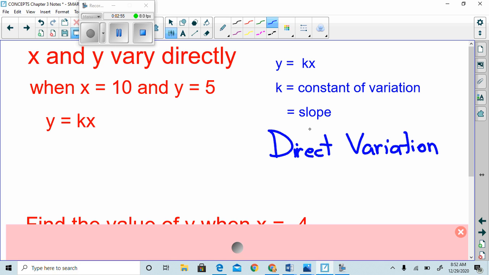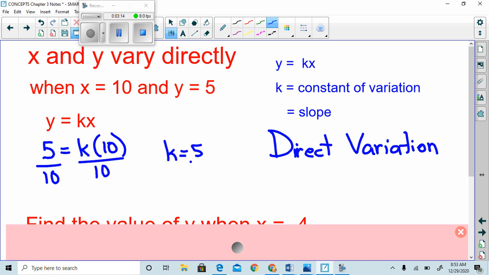The constant of variation is also called your slope. So we'll take what we know, and we know that y is 5, and x is 10, we're looking for k. We'll do one inverse operation, we'll divide, and we'll simplify because we get k is equal to 5/10, and we would like to simplify that. K is equal to 1/2.